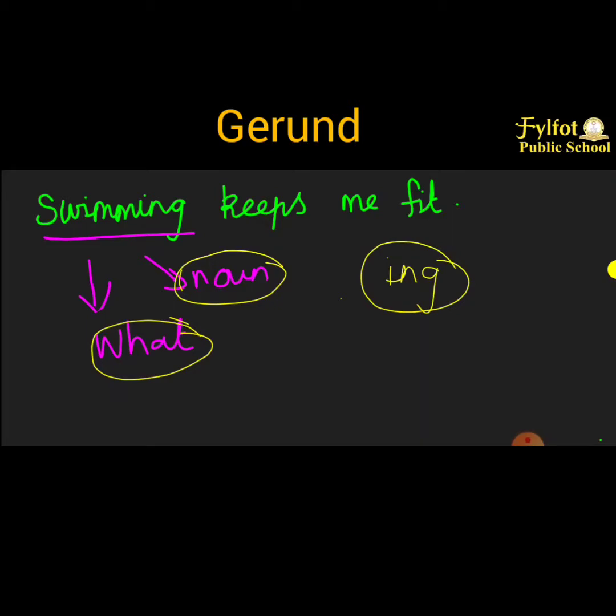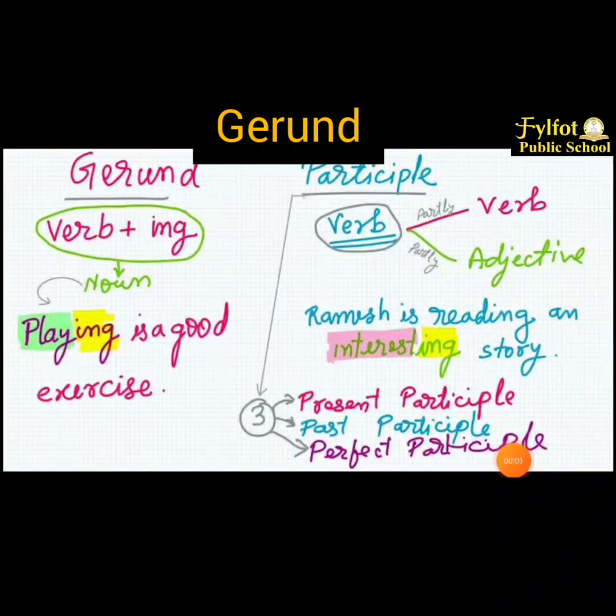Now, let's see the difference between the gerund and participle. In a gerund, you add ing to the base form of the verb and it acts as a noun. For example, playing is a good exercise. So here playing acts as a noun.